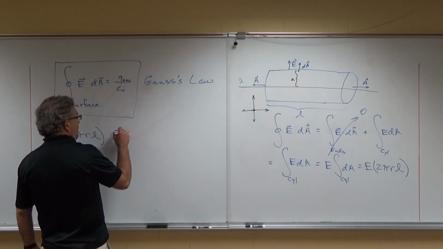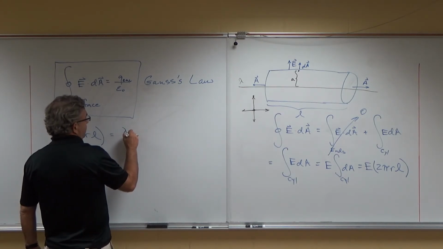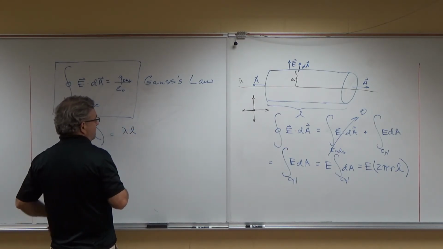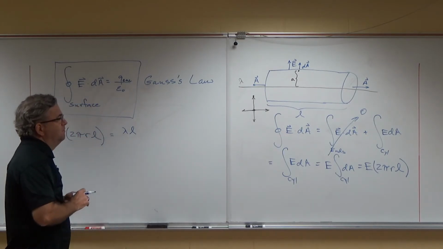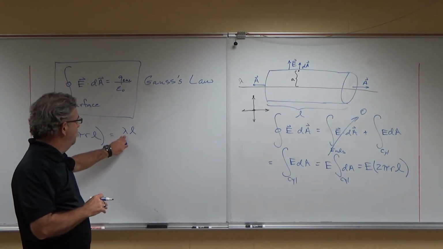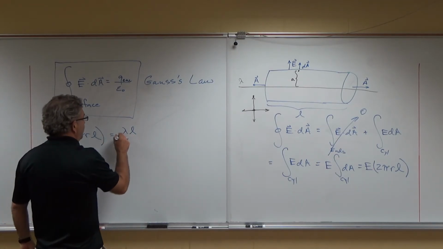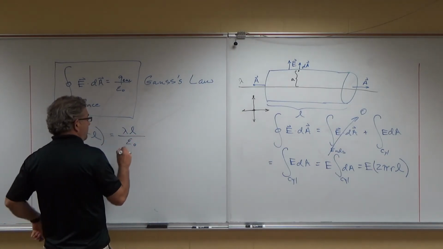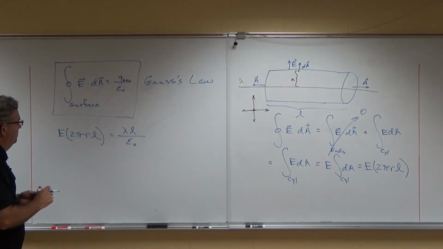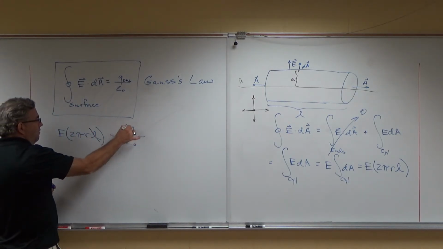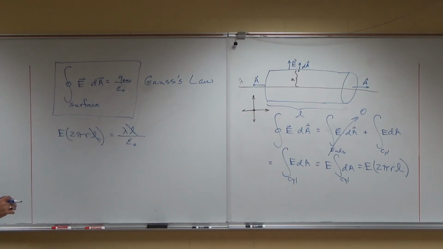So Q enclosed is equal to lambda L, right? That's the charge per unit length times the length. So it's lambda L over epsilon naught. Well, look at this. The L cancels.